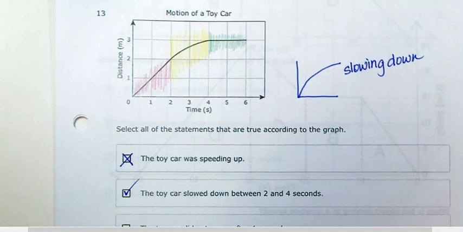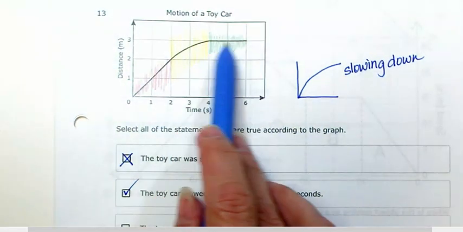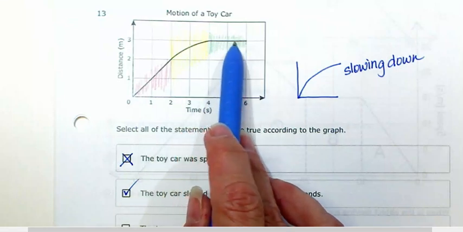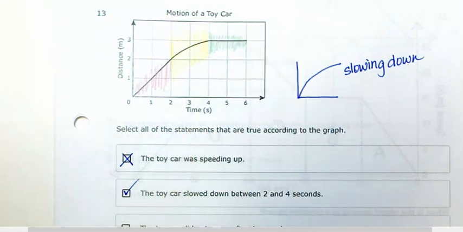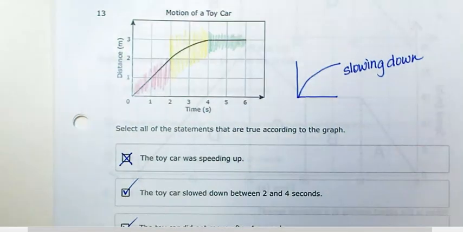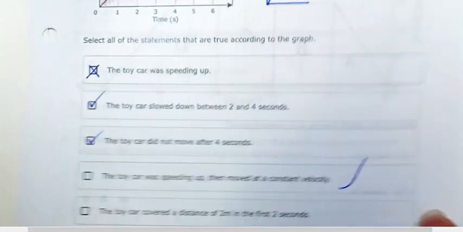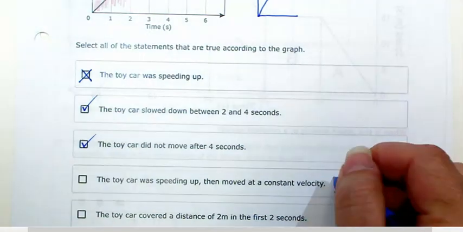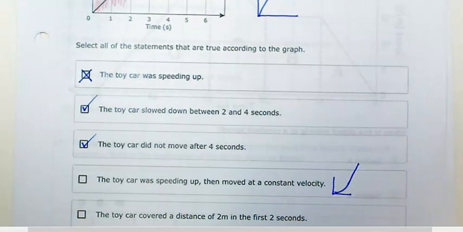The toy car did not move after 4 seconds. I would say that's true because at 4 seconds, it's at the 3-meter mark, and it's still at the 3-meter mark 2 seconds later, so it's not moving anymore. The toy car was speeding up, then moved at a constant velocity. Speeding up and then moving at a constant velocity would be a graph that looked something like that.